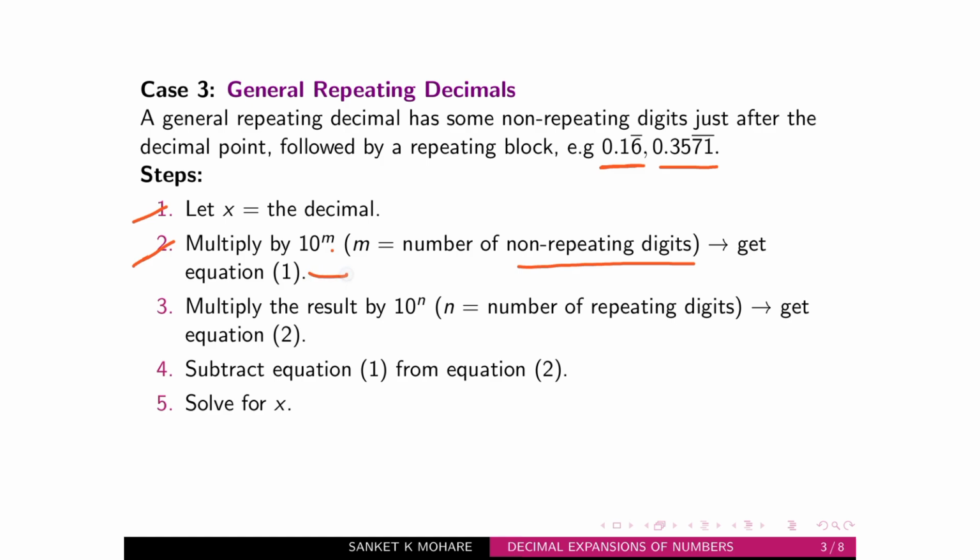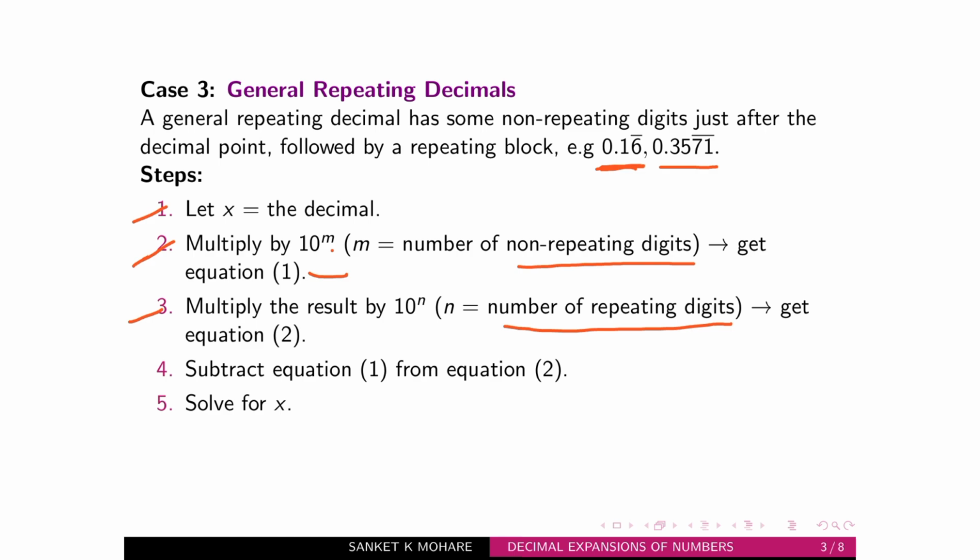This gives equation 1. Step 3, then multiply the result by 10 raised to n. Whatever equation 1 we have obtained, here we have to multiply by 10 raised to n, where n is the number of repeating digits. For example, in this 0.16 bar, to obtain equation 1 in step 2, we have to multiply by 10 because there is only one non-repeating digit.